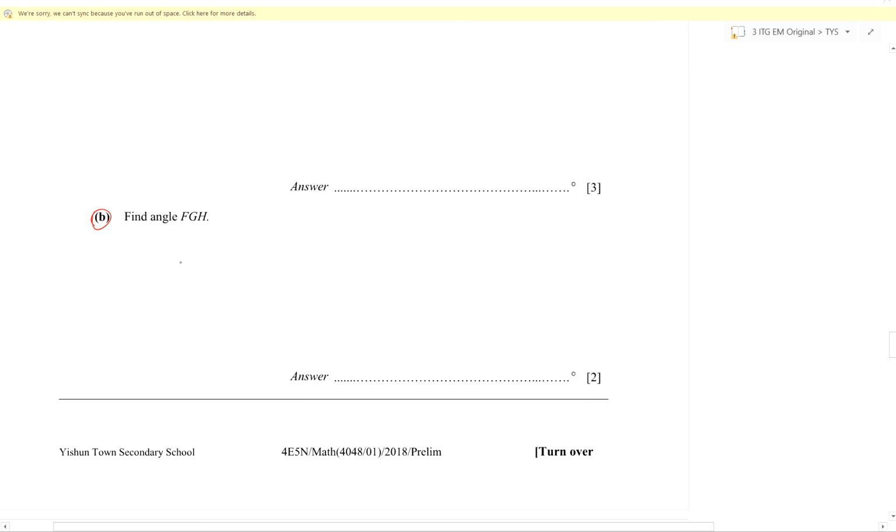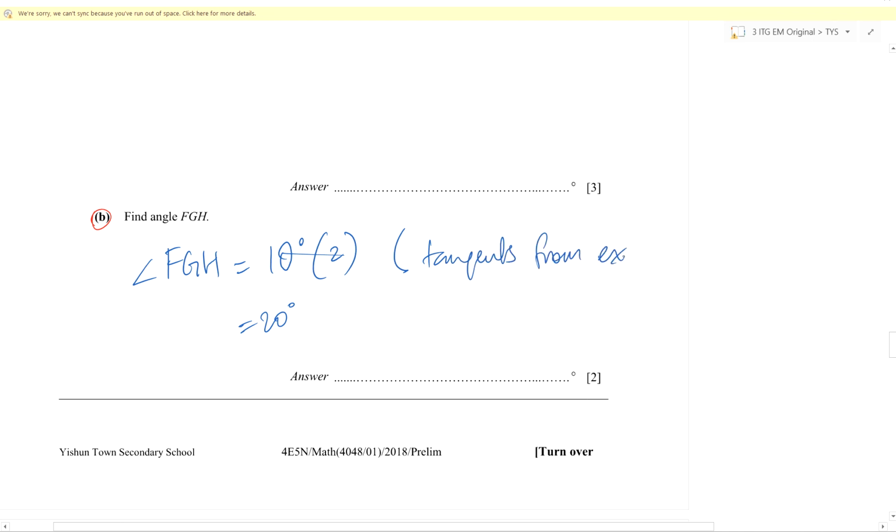Okay, the working looks like this. Angle FGH equals 10 times 2, so we get 20 degrees. The reason is tangents from external point.